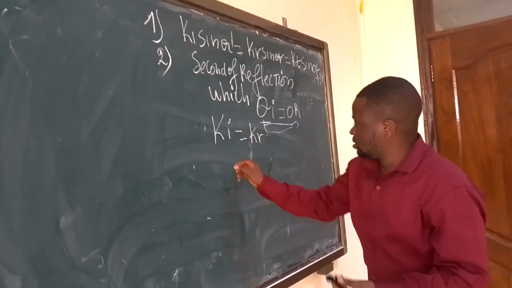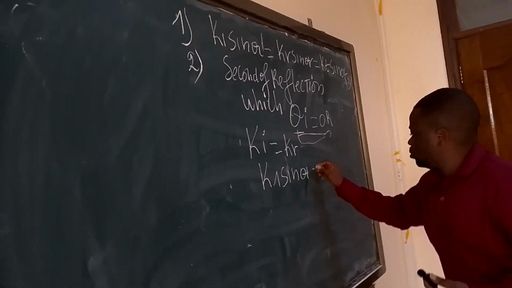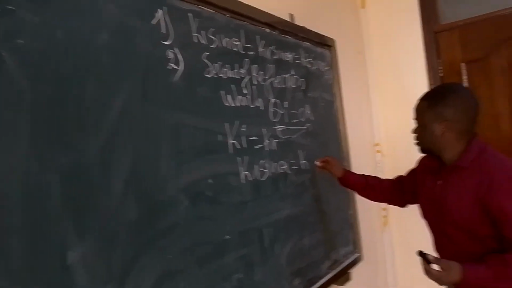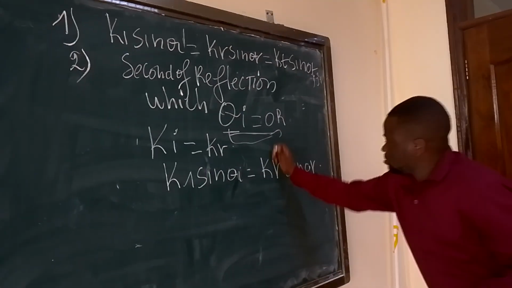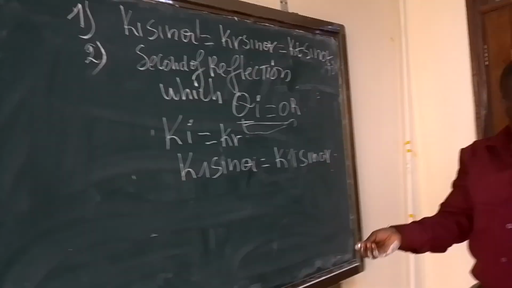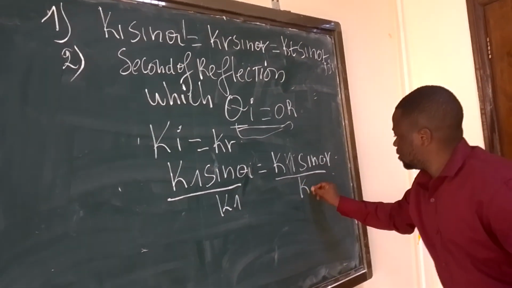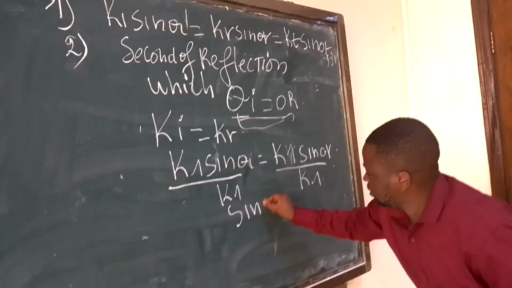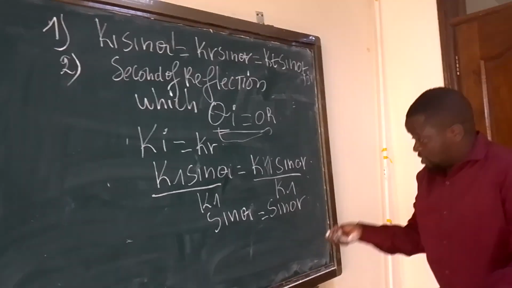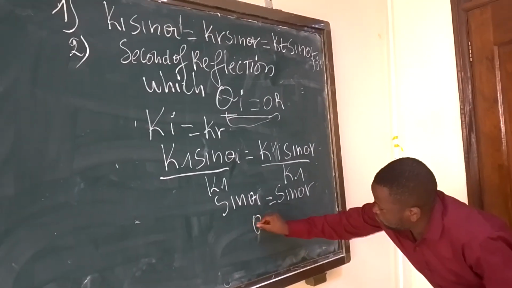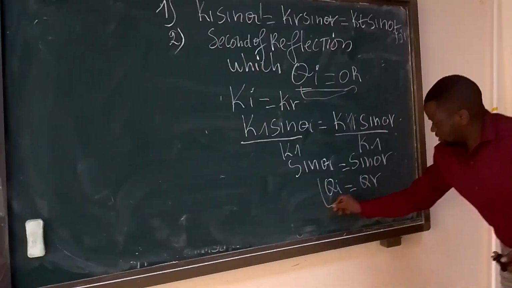This means that K sin theta incident is equal to K sin theta reflected. We simplify by K, and we see that sin theta incident is equal to sin theta reflected. This means that the angle of incidence is equal to the angle of reflection. I think it is proven.